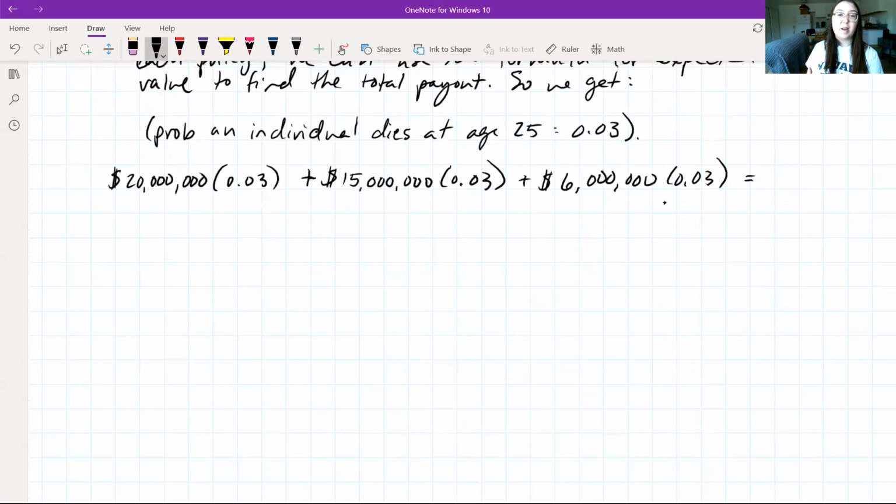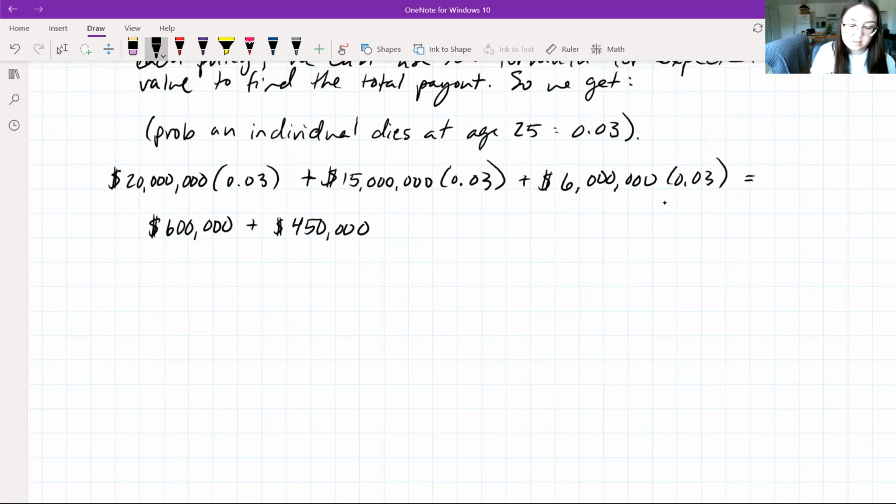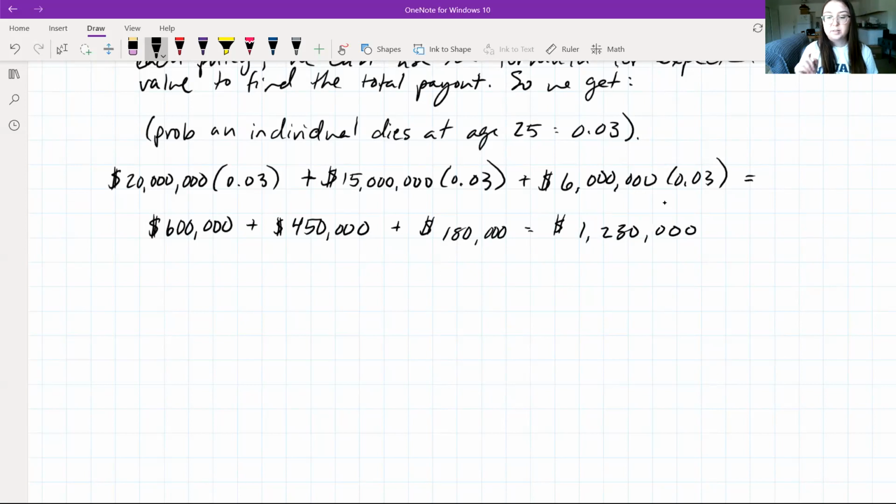So simplifying each one of these values, we end up getting 600,000 plus 450,000 plus 180,000 is going to be equal to the total payout of $1,230,000.